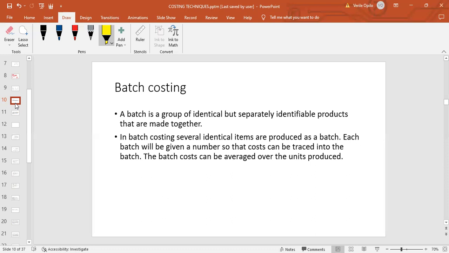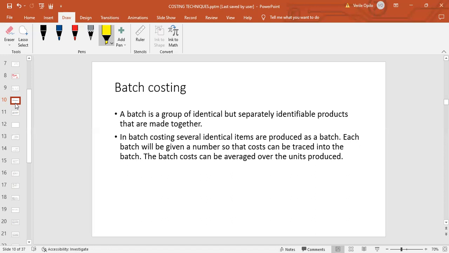So you see how much is the total materials for this particular batch. Maybe the batch is made up of 100 items. For the 100 items, how much did the company incur in terms of materials? How much in terms of labor? How much in terms of expenses?